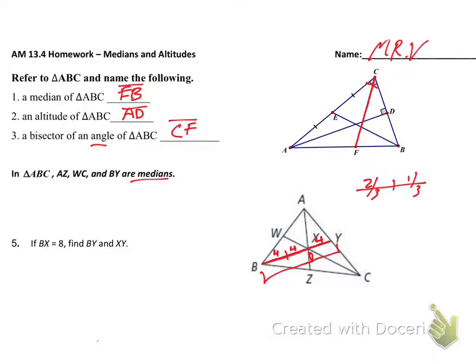Because again, the longer part of the median is 2/3, and the shorter part is 1/3. So all I did is I cut BX in half to make it 2 sections, and then the last section, where XY would be, is the 1/3 section, so that would just be one of these. So XY would be equal to 4.